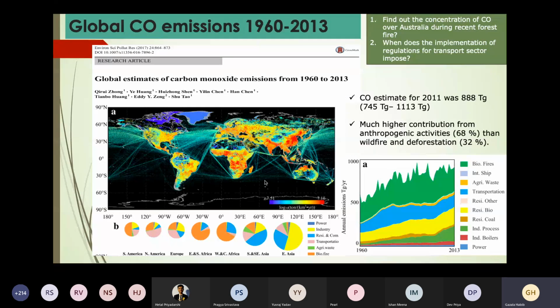So a boom of aviation will increase the CO, right? Is that correct? We are talking about transportation, right? Yeah. So transportation, the blue one, where during 1980 to 2007 you can see it's like a steady kind of chart, right? It's not increasing much. Yes, ma'am. So I'm talking about that.